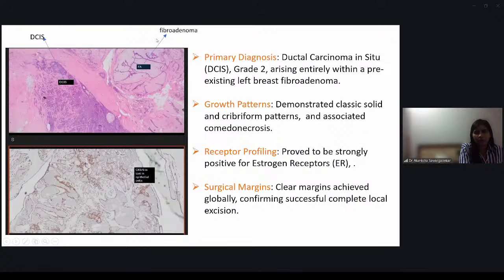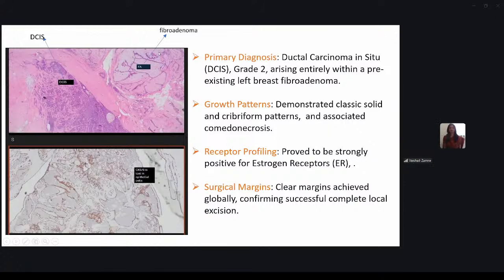Actually, I don't think so. There is one fibroadenoma, and on the other side it is like a florid sclerosing adenosis, and in that there are a few foci of epithelial hyperplasia. So this entire thing is not DCIS. This is what I can make out from this picture.